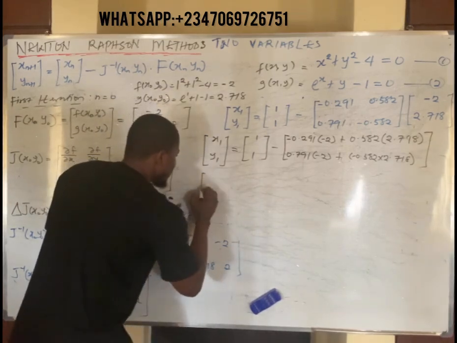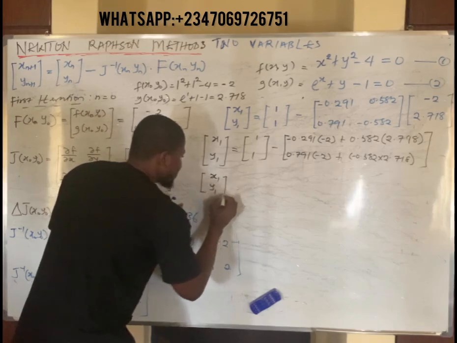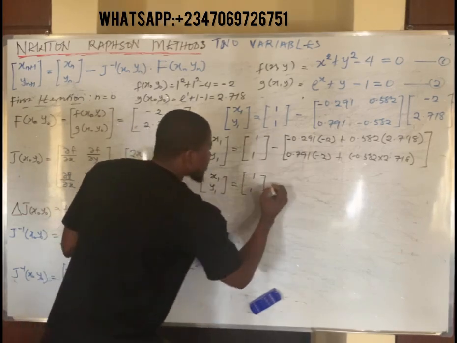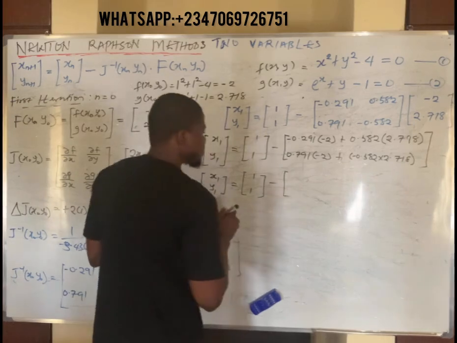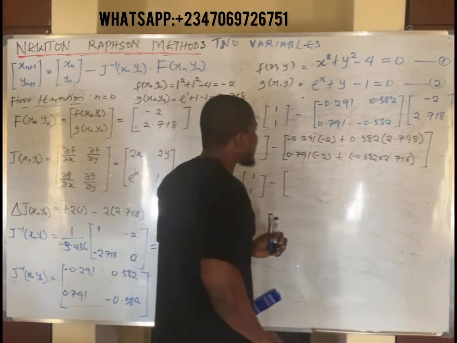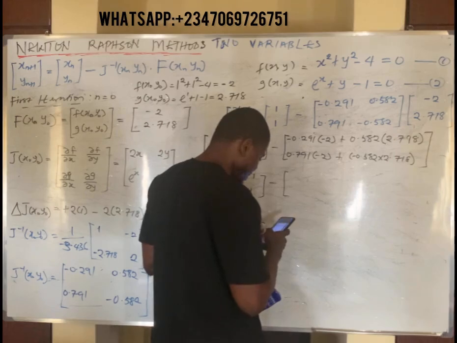So my first iteration for x and y is equal to, remember, 1 1 minus, so let's evaluate this matrix now and see what we are going to obtain. In the first case, negative 0.291 times negative 2, negative cancels negative, so I'll have a positive value there.